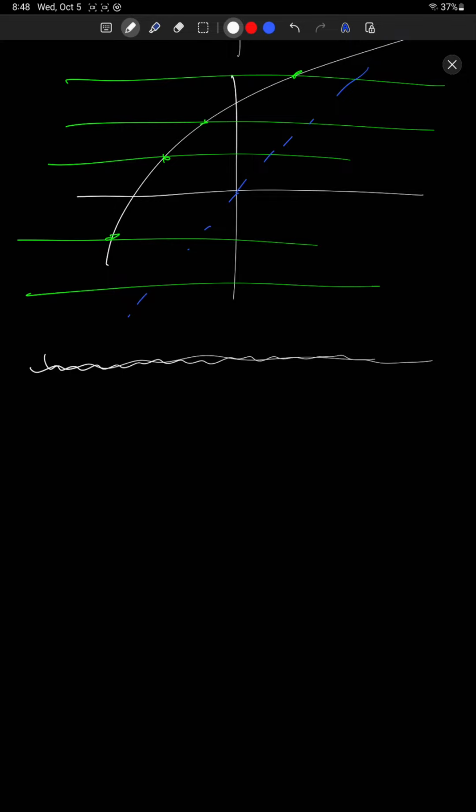Super useful because, like I said, that's how you're going to learn how to graph logs from exponentials. And soon, when we talk about inverse trig functions, that's how we're going to graph arc sine, arc cosine, arc tangent, and so on.